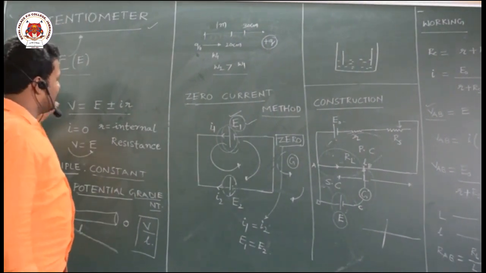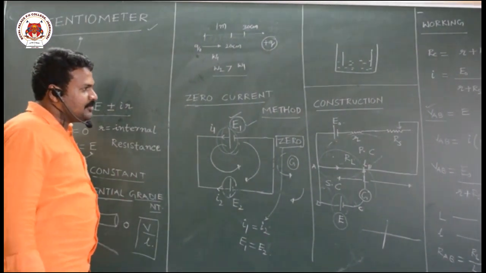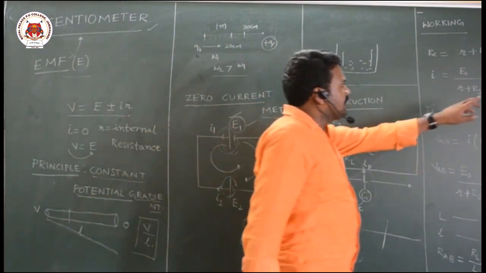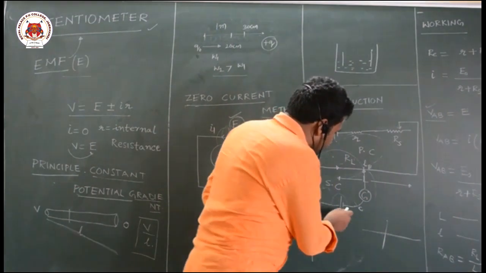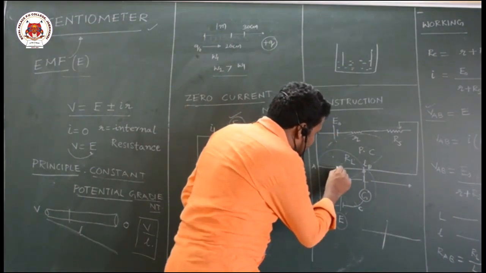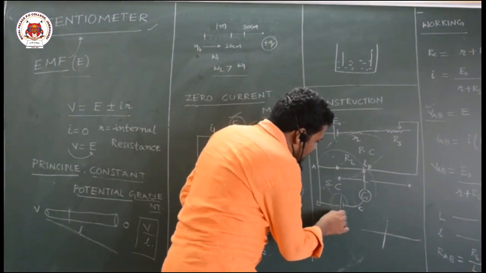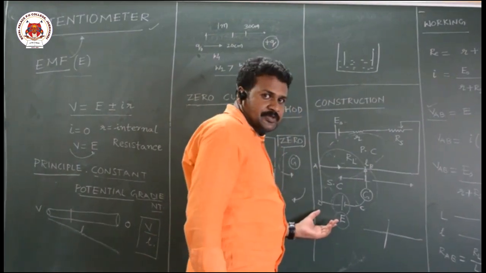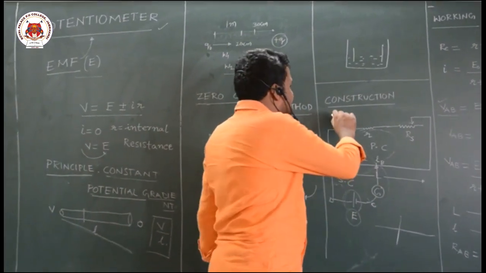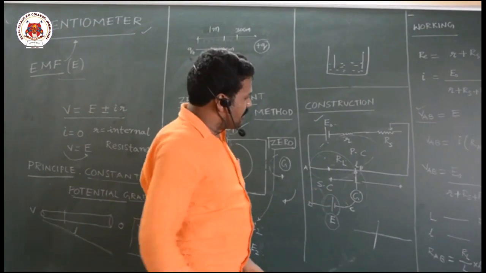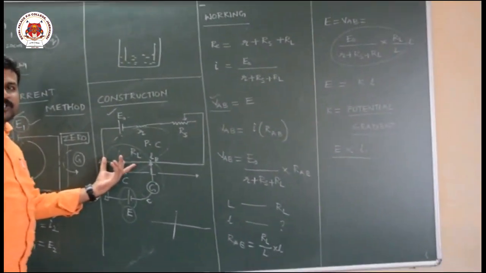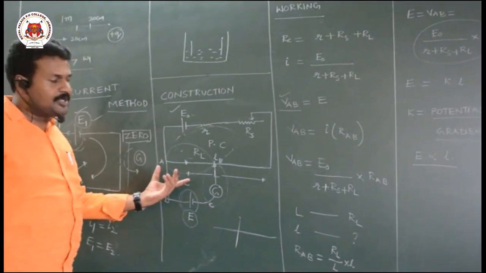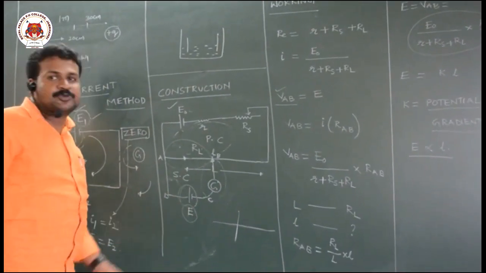When I said it is not drawing the current, you can observe here the current across the wire is not coming from this cell where I am measuring. So current is there in this wire, but it is not from the cell where you are measuring the EMF. Current is coming from the standard cell. Current in the primary circuit is because of the standard cell only, not because of the secondary circuit cell.